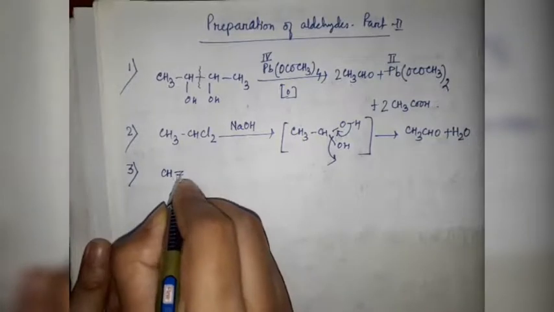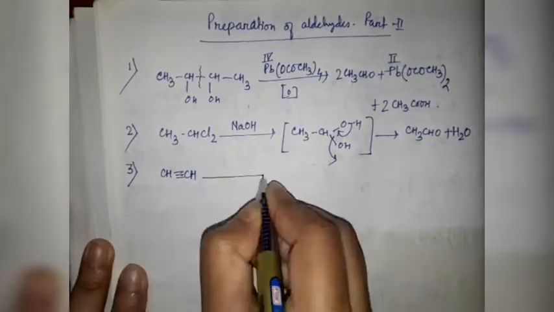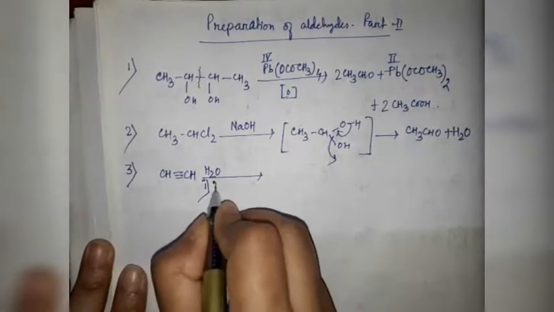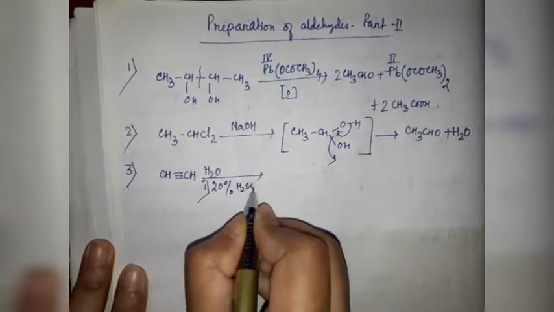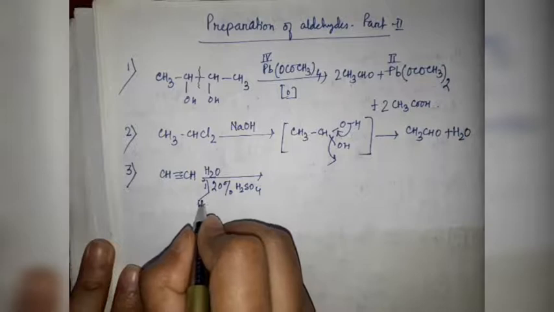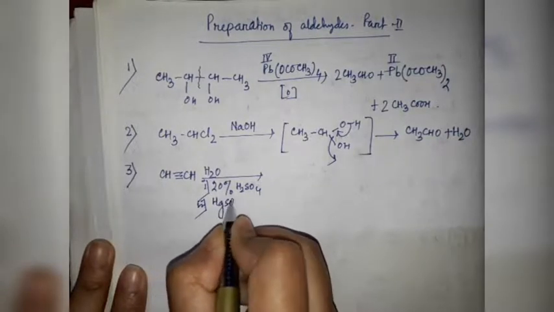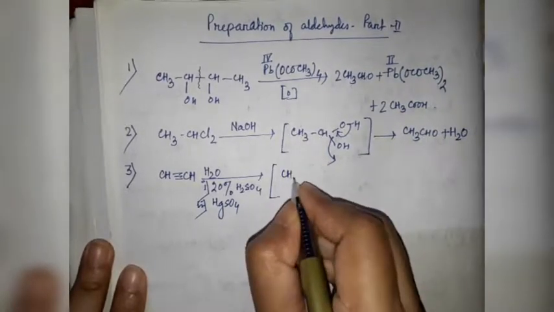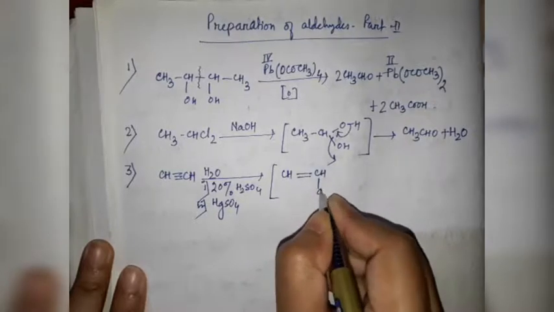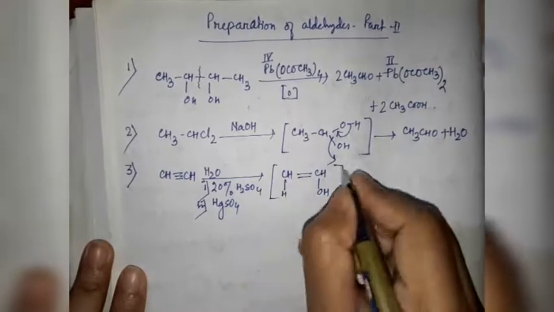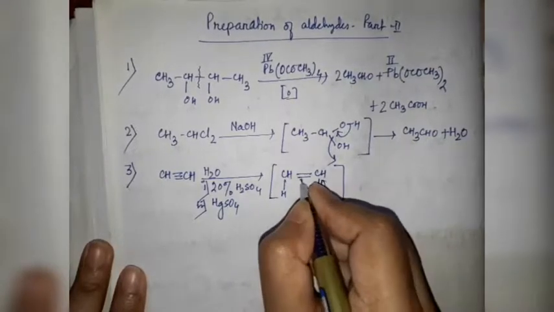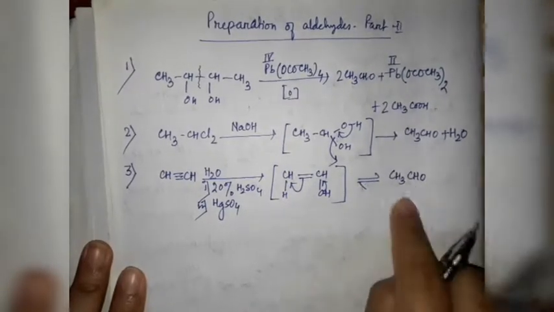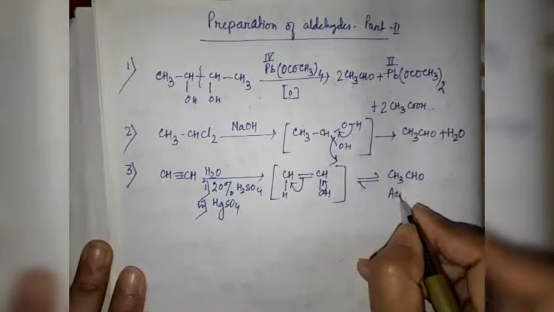So suppose we are taking acetylene and water and we are treating it with 20% H2SO4 in presence of mercuric sulfate or mercuric oxide as catalyst, then a water molecule will be attached, one OH and one H. This is very unstable, and after tautomerization we will get CH3CHO. That means we are getting acetaldehyde from acetylene, right?